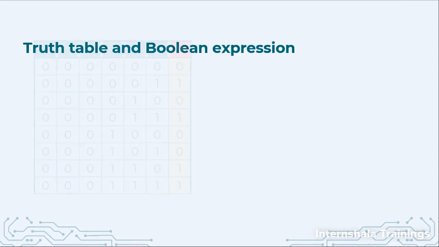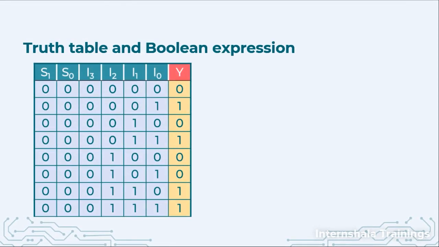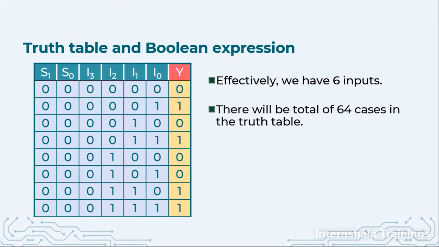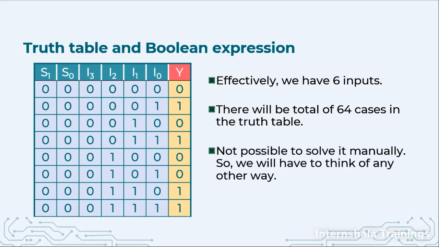So now we make the truth table, and the first thing that we realize is that effectively we have 6 inputs. That means there are going to be 64 cases in my truth table, and it is not possible to solve this truth table. So we are stuck.